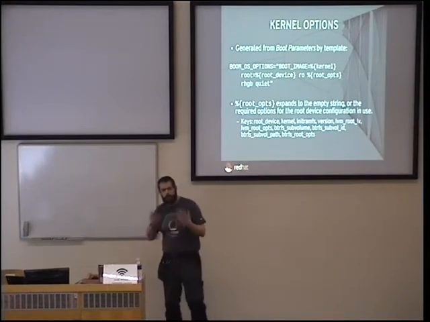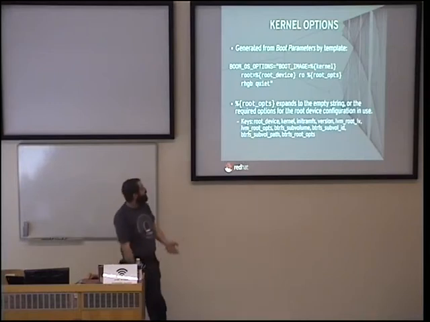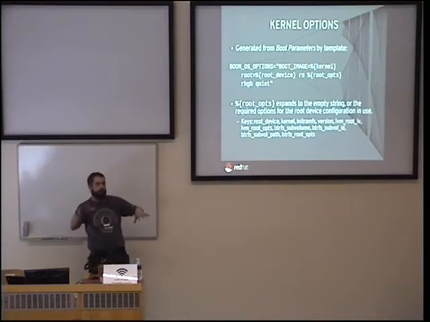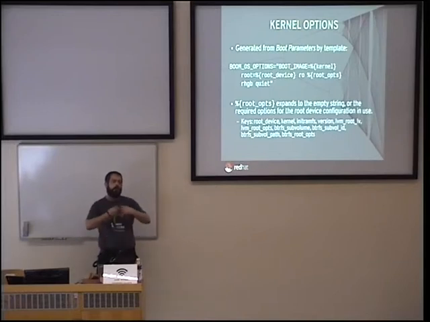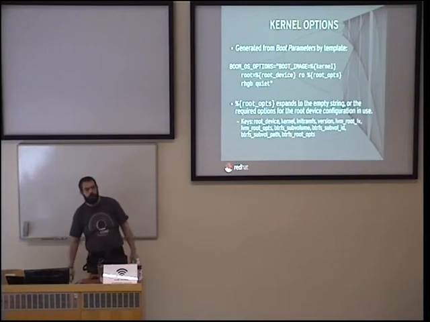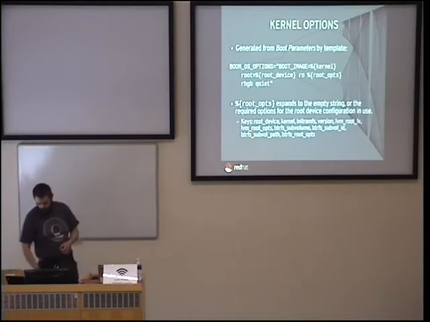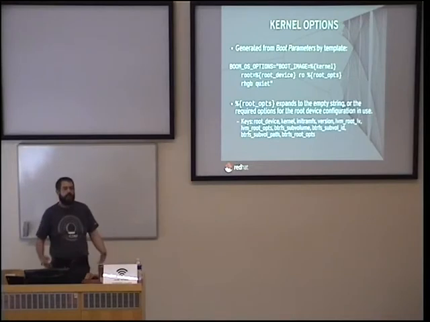Some of them just expand directly to a string. Things like root_opts are a bit more fancy. There's a recursive expansion there which includes expansion of the Btrfs or LVM configuration keys. If those are set, then it'll generate the correct string to boot that type of volume. There's a list of keys at the bottom there. They're pretty much what you would expect. I'm not going to read through the entire list.